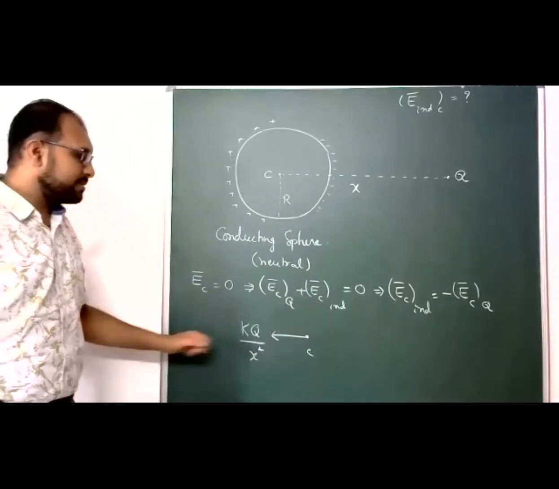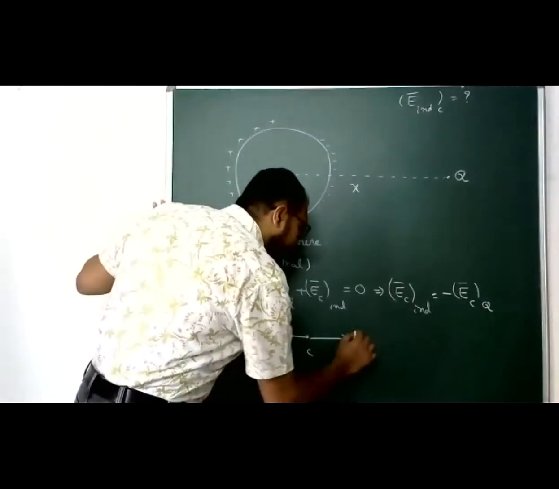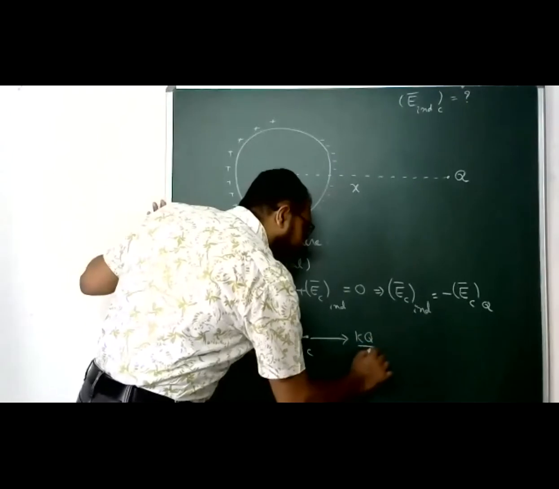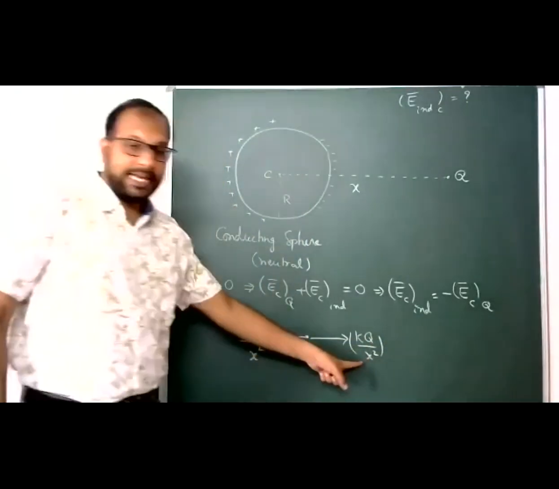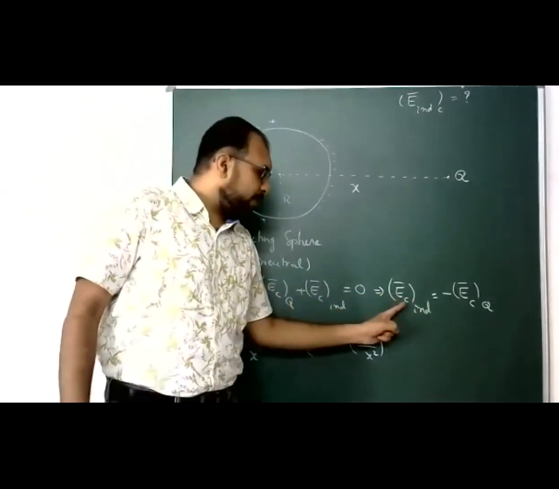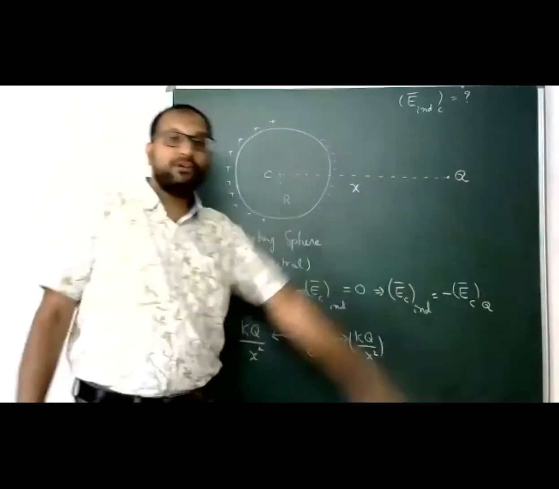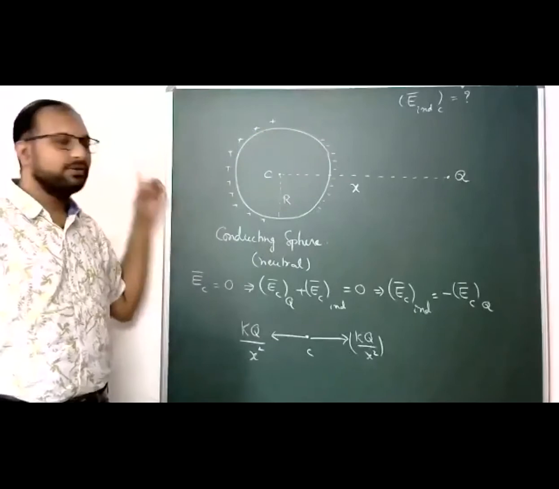Now, to balance this KQ by X square, right side, same KQ by X square. This electric field is due to electric field at point C due to induced charges. Means only this induced charges. Only this induced charges.